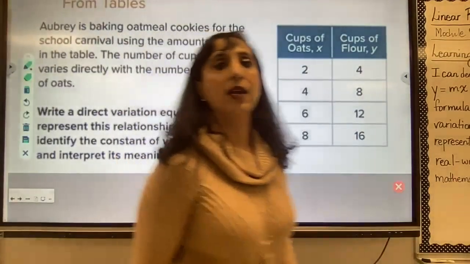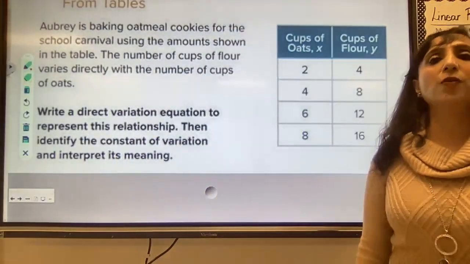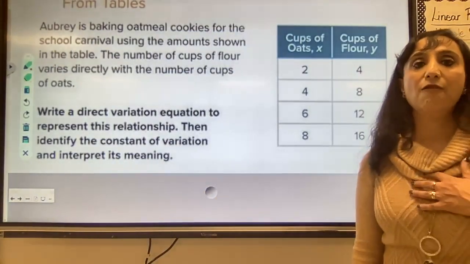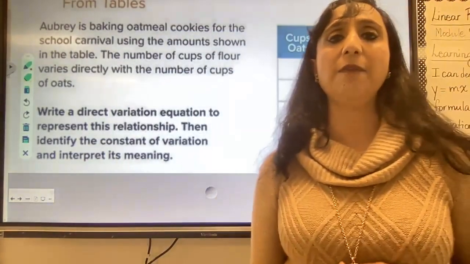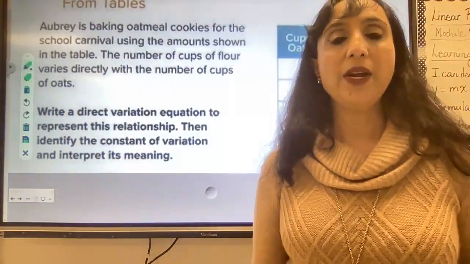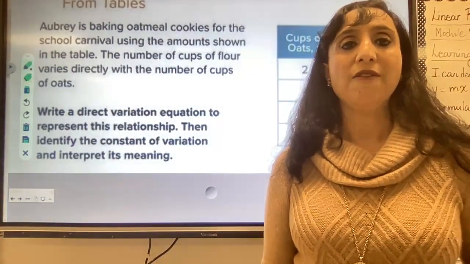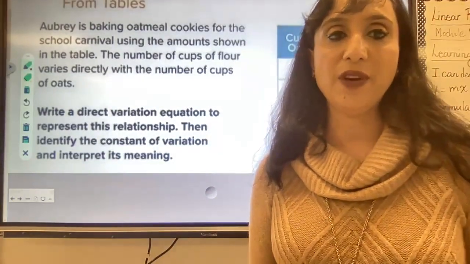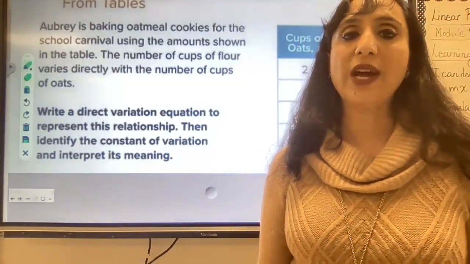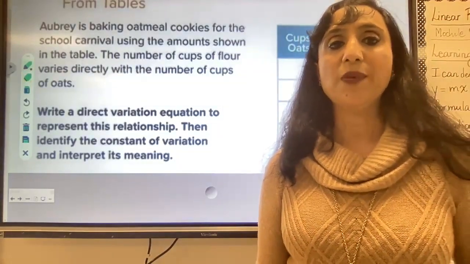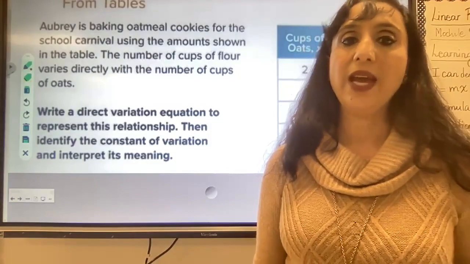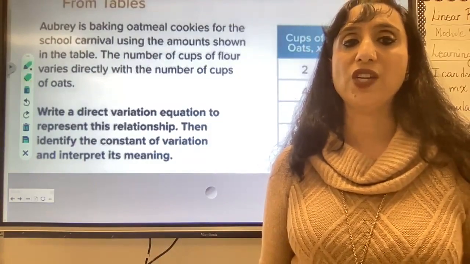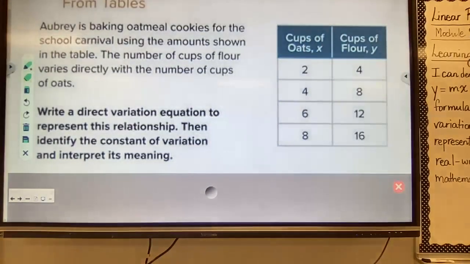It's saying Aubrey is baking oatmeal cookies for the school carnival using the amounts shown in the table. The number of cups of flour varies directly with the number of cups of oats. Write a direct variation equation to represent this relationship. Then identify the constant of variation and interpret its meaning.